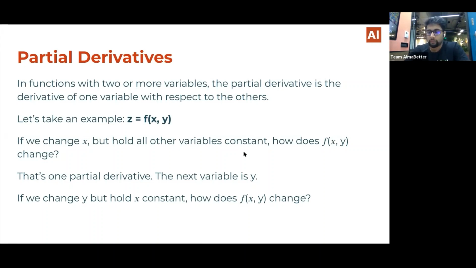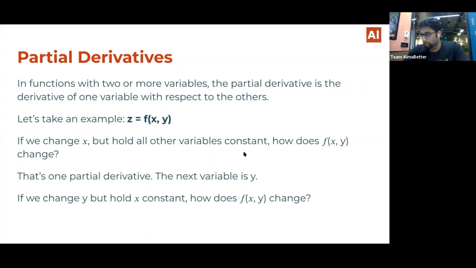So y was only a function of x. In chain rule we saw how we can deal with composite functions, but still it was a function in one variable. Okay, so what happens when a particular value is dependent on a lot of variables, right? And this is typically what you will see in deep learning or machine learning algorithms. So of course your y will be dependent on a lot of variables.